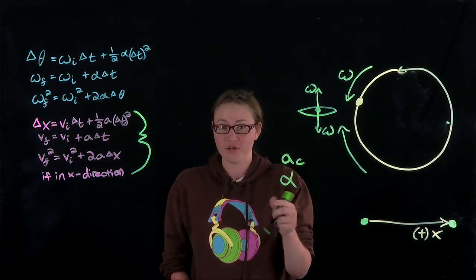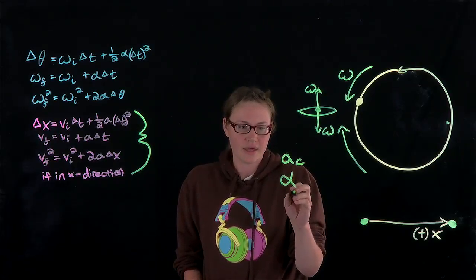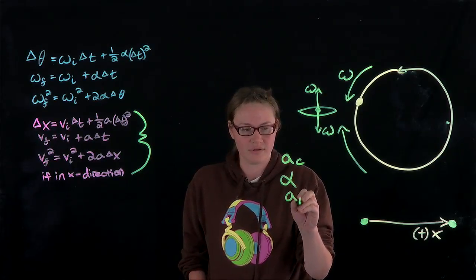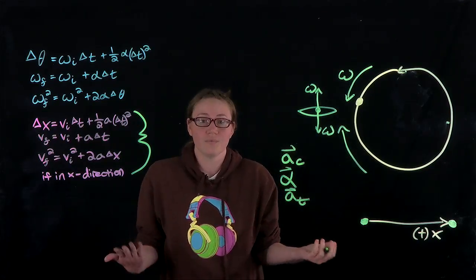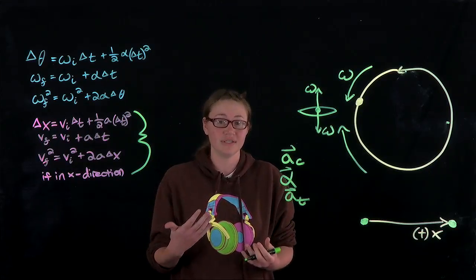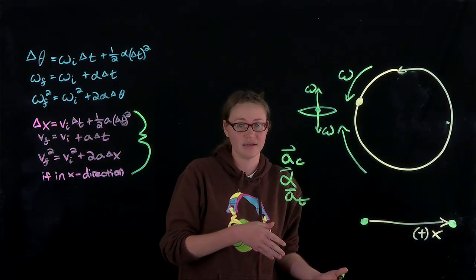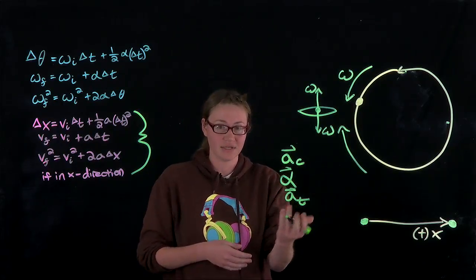We have alpha, which we denote as the angular acceleration. And then we also have a tangential acceleration, and they're all vectors. So what are the differences between them? It's all based on how the displacement changes that affects the velocity, and thus how the velocity changes to have different types of acceleration.